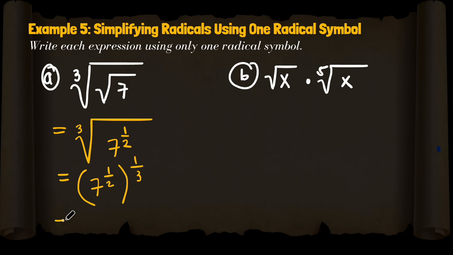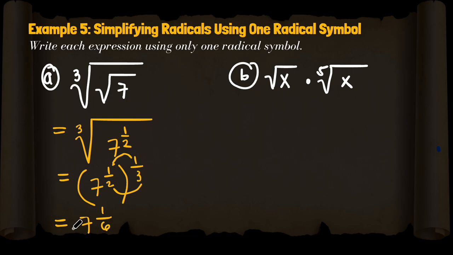Then, next, we copy the base, and sa power rule of exponents, hindi pinag-add, ay minumultiply natin yung dalawang exponent. At sabi dun sa fraction rule, when you multiply them, numerator muna, 1 times 1, that is 1. 2 times 3, that is 6.